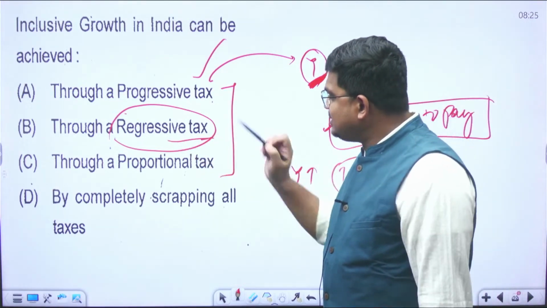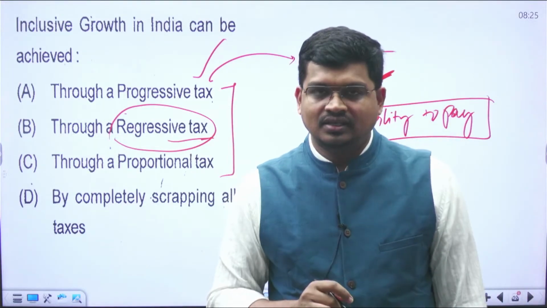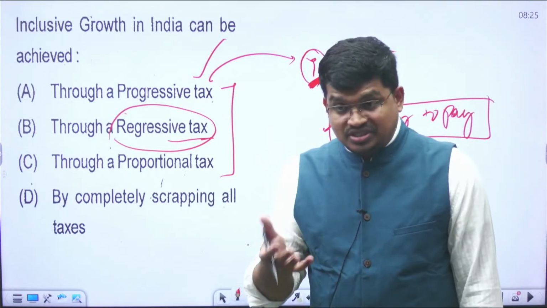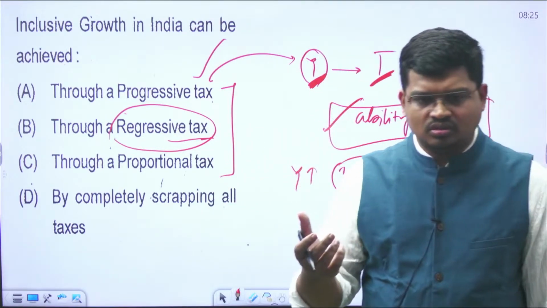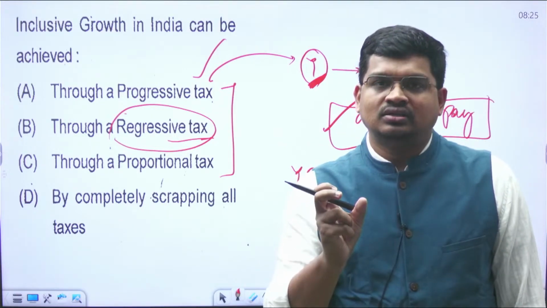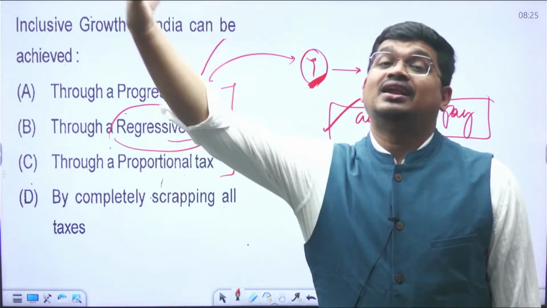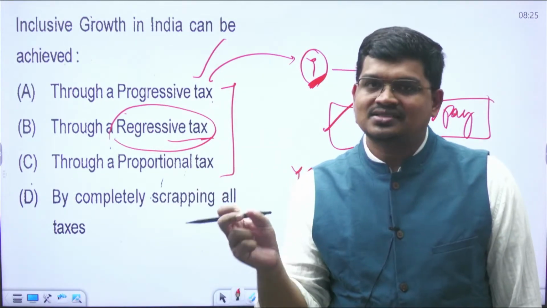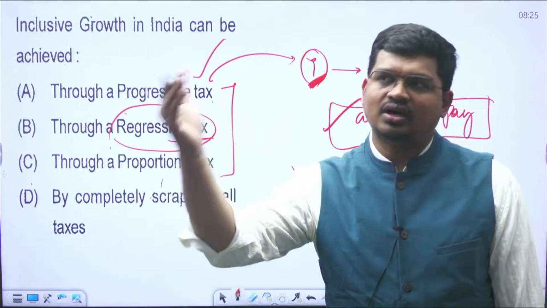But here the example is indirect tax. Earlier we had VAT, and now it is GST. On every product we buy, we pay tax. So the amount of tax burden is not equal for me, one rickshaw puller, and the Ambani family. For the rickshaw puller the burden is more, slightly less for me, and completely zero or not a significant one for the Ambani family.